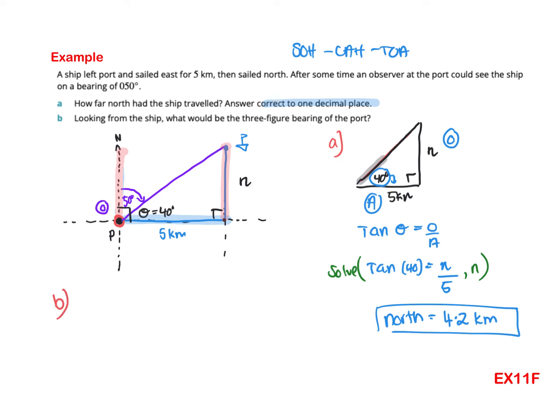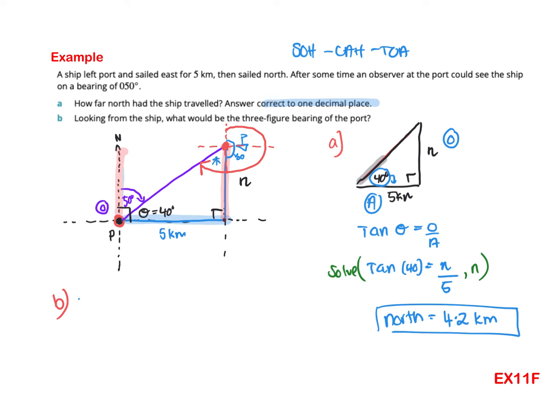Now let's go for B. So B says looking from the ship. So we're over here at the ship, and if we did our little compass there, that would be the ship's compass. Looking from the ship, what would be the 3-figure bearing? So that is when we go from north all the way around to there. So really we can see if you've got a straight line, that's 180. How can I work out what this angle is in there?